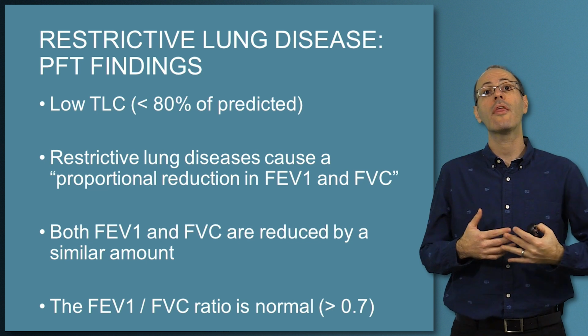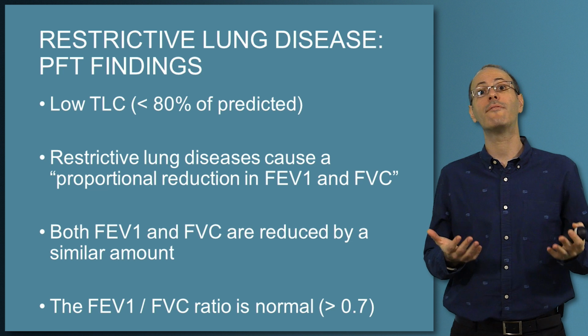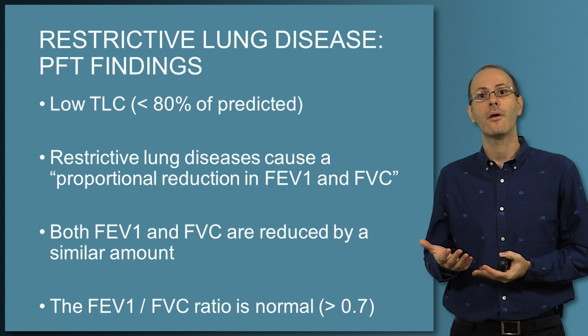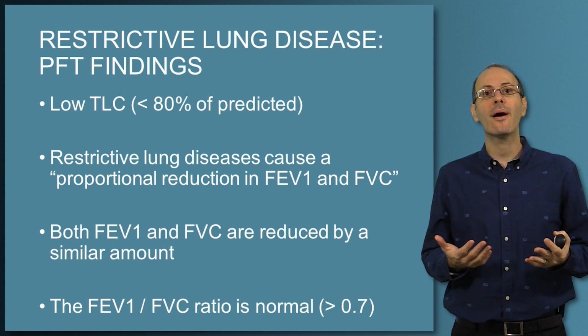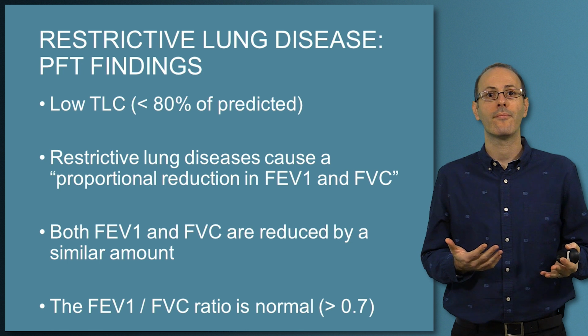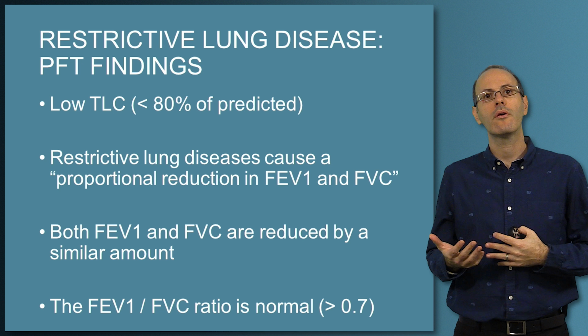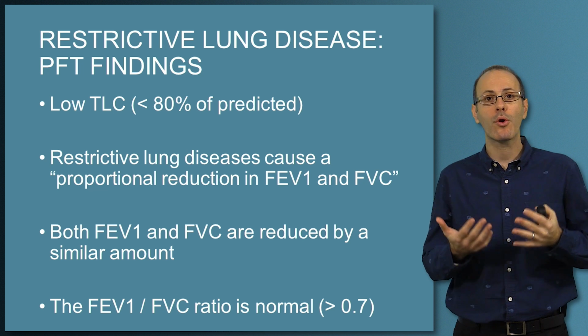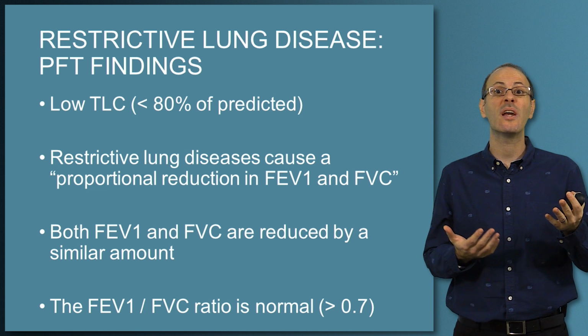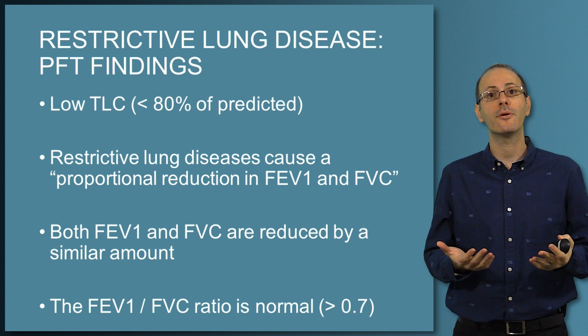So we've talked about how patients with restrictive lung disease will have a low TLC, and that their vital capacity will also go down. Whereas in obstructive lung diseases, patients will have a disproportionate reduction in their FEV1 and FVC, leading to obstruction.